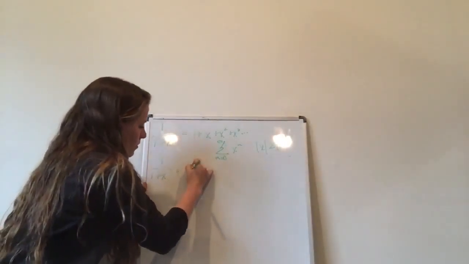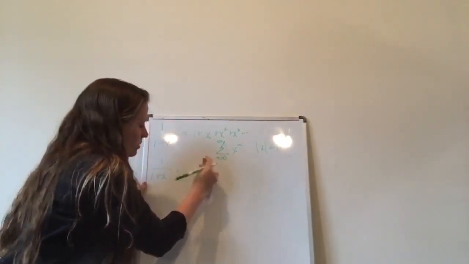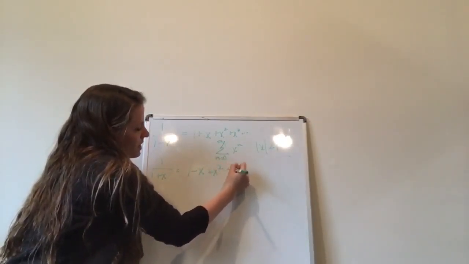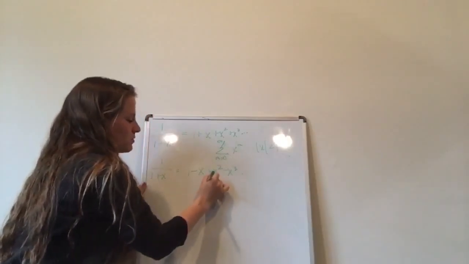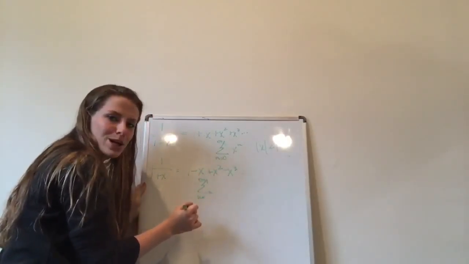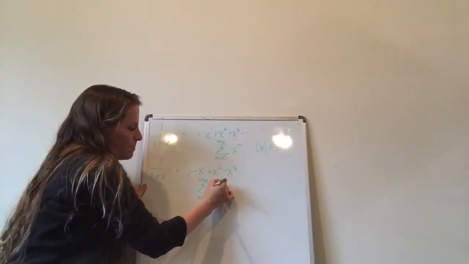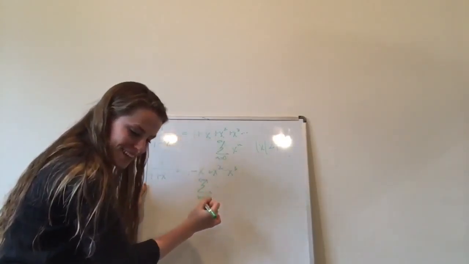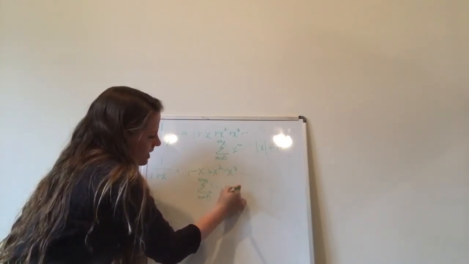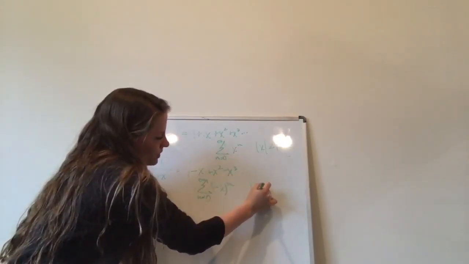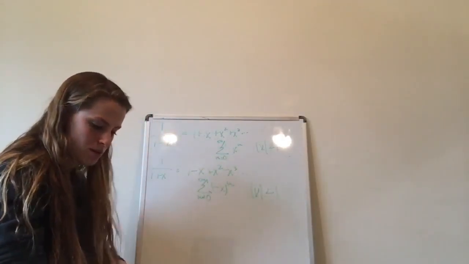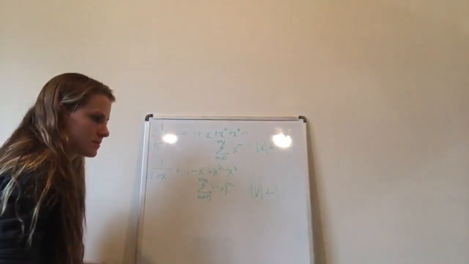So you get 1 minus x plus x squared minus x cubed. After you find the common series, you can easily find that the sum is equal to the sum of negative 1 to the n times x to the n, for all absolute values of x less than 1.